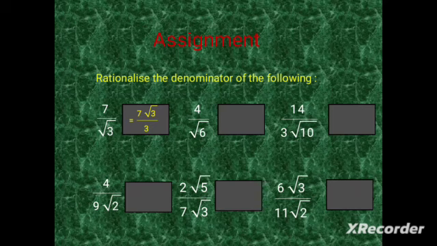The same way, you'll get 2 root 6 over 3. And you continue with that assignment. Of course, you do the assignment first, and then you check the answers later. The answers for the other questions are also provided. So it is for you to do the work first, and then you check there.